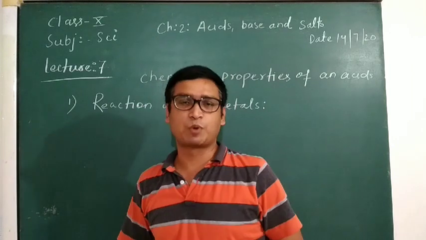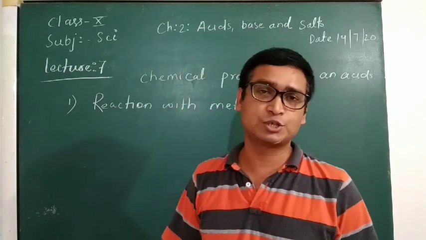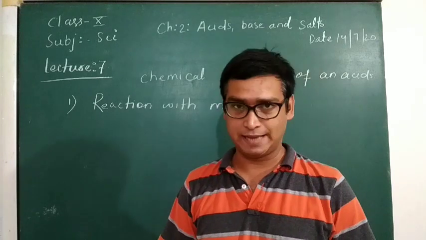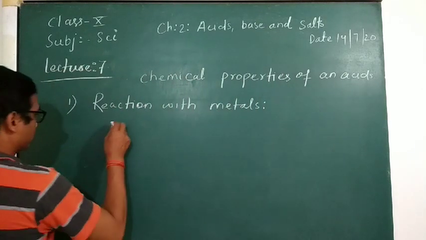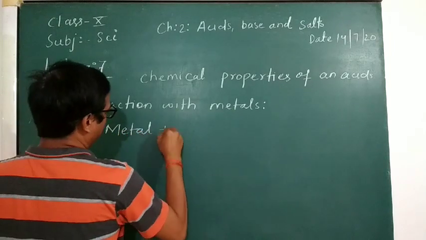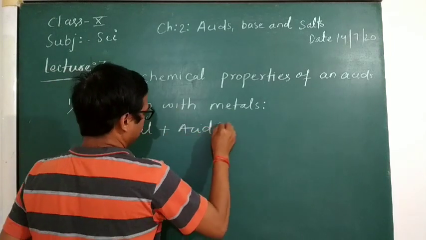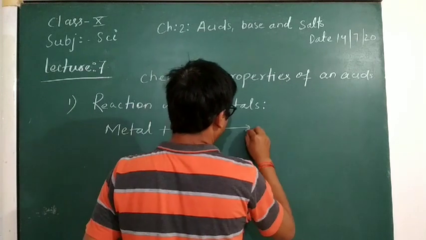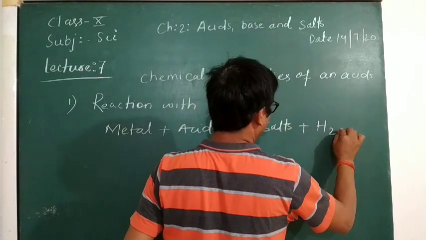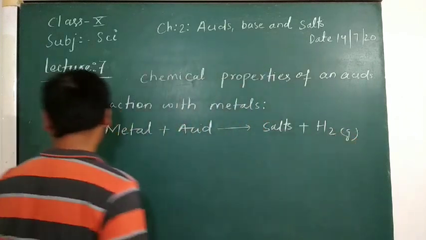Acids most probably react with metals to produce salt and hydrogen gas. So let's see, first, reaction with metals. You can write: metal plus acid gives salt plus hydrogen gas.